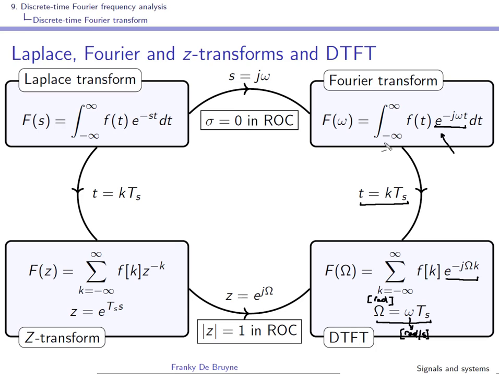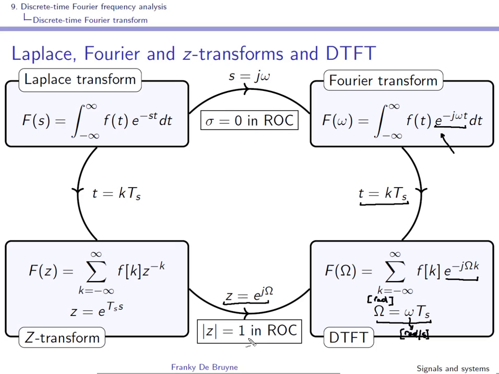Okay, so you can obtain it from the Fourier transform by sampling, but you can also see that you can obtain it from the z transform by replacing z by the exponential of j times the discrete frequency. Just like you can obtain the Fourier transform from the Laplace transform, it's true in most cases. But what you have to have is sigma equal to 0 in the region of convergence.